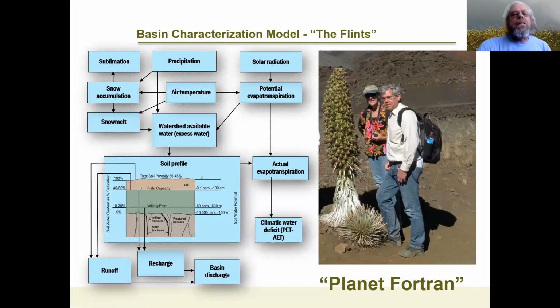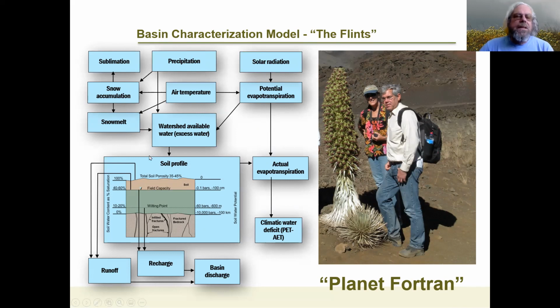So in order to do that, there's a model developed by USGS hydrologists, Alan and Lorraine Flint. There they are standing next to a Hawaiian silversword on Haleakala. And you just keep track of, here's the precipitation, and based on physical equations, you calculate where the water is going.